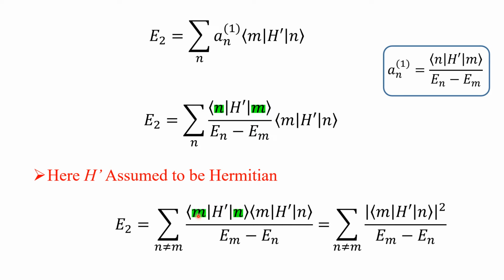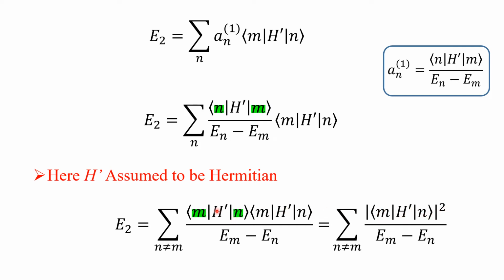So this will become <m|H'|n> multiplied by <m|H'|n>. Now you can see, if you carefully analyze this, you will get the modulus of <m|H'|n> whole squared.